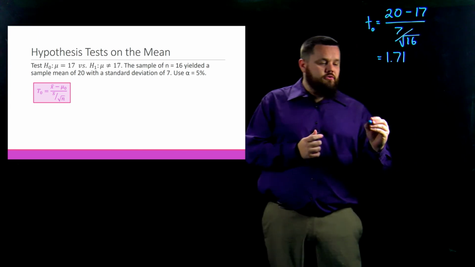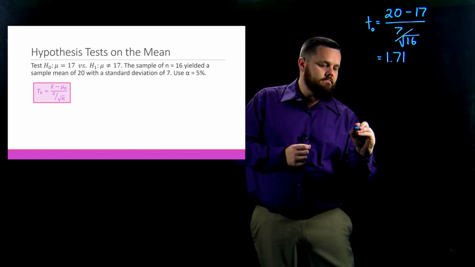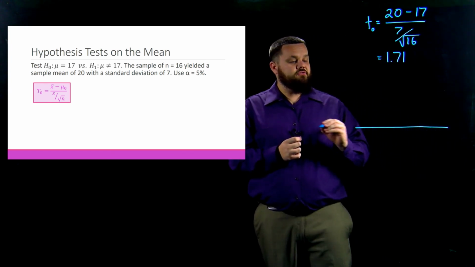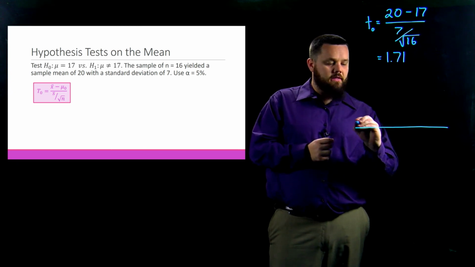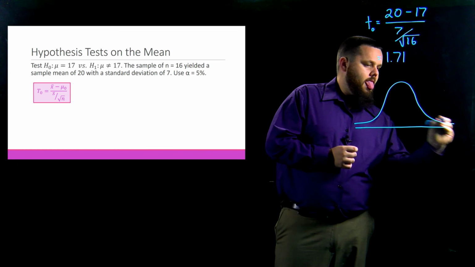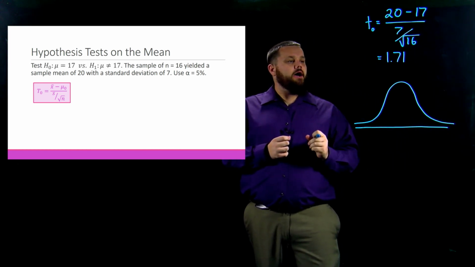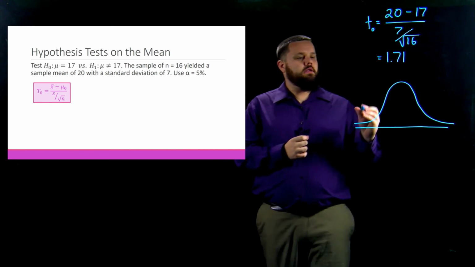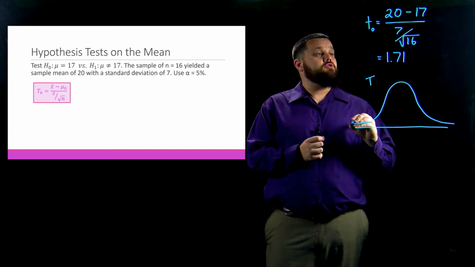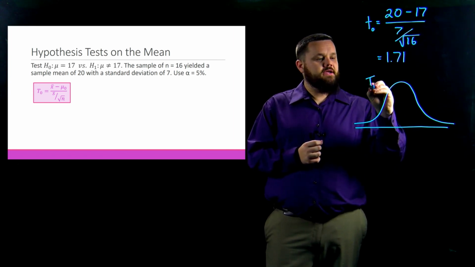If we were to actually draw our distribution, and I'm sure this isn't going to look all that pretty, but we're going to go with it. It's not too bad. I'll take it, actually. So we draw our t distribution. Now, this is going to be a t distribution with n minus 1 degrees of freedom, so 15 degrees of freedom.